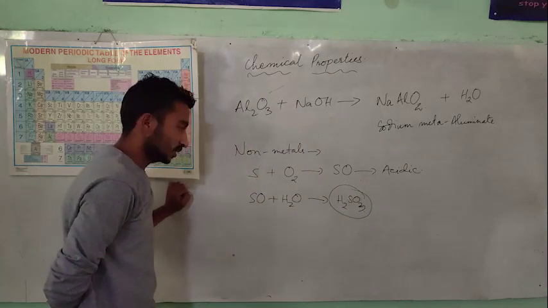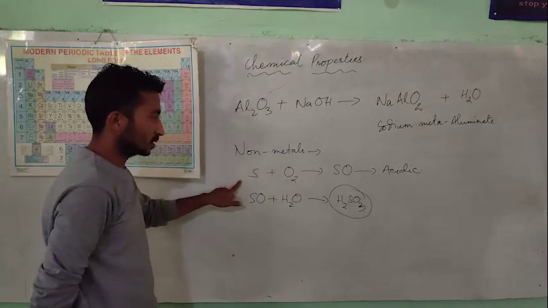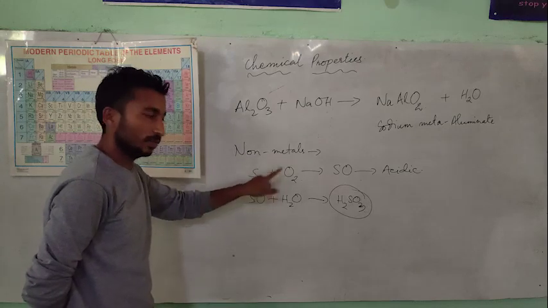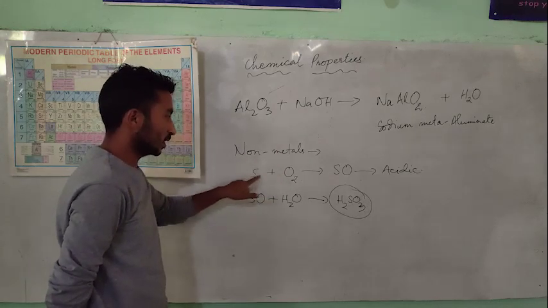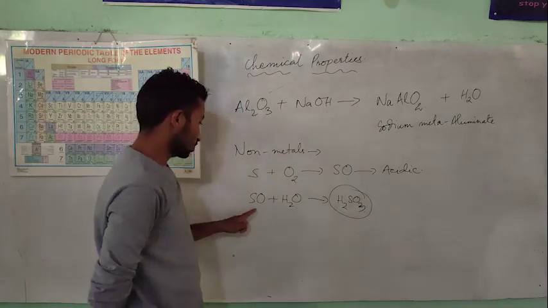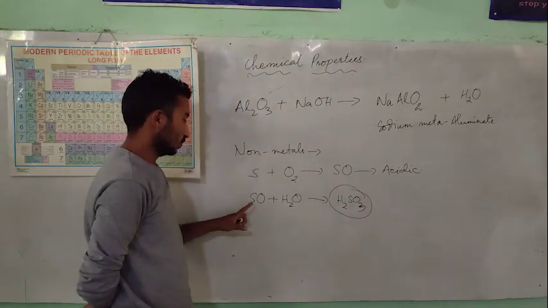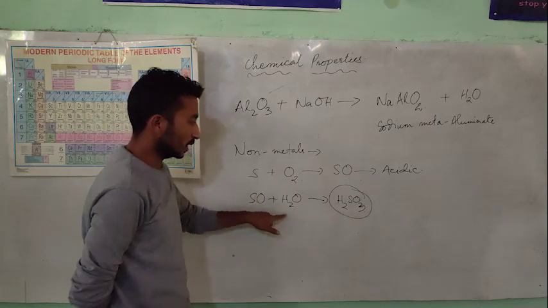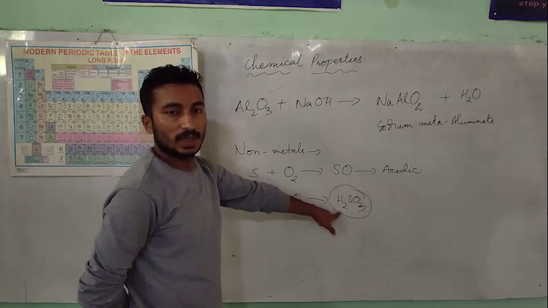So when nonmetals react with oxygen, they form nonmetal oxides, and nonmetal oxides are acidic in nature. This means that when nonmetal oxides are mixed with water, they form acids.